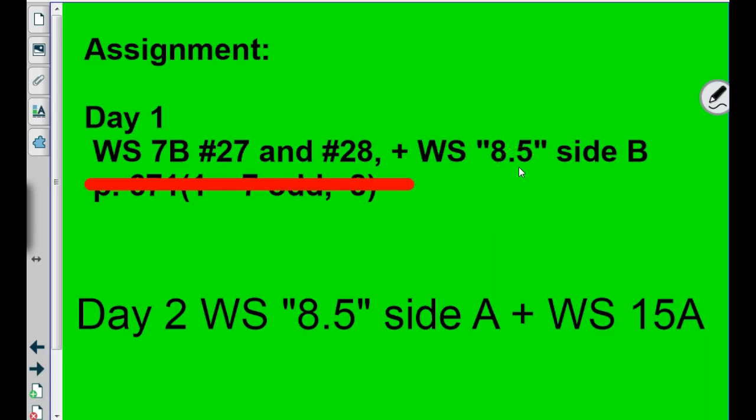And then worksheet 8.5, side B. Did everybody find 8.5? I know we don't usually have 0.5s, but I already had a worksheet 8 and a worksheet 9, so I stuck in 8.5. Okay? Worksheet 8.5, side B, you should be able to do now. I will go over tomorrow the more complicated ones. Everybody good?